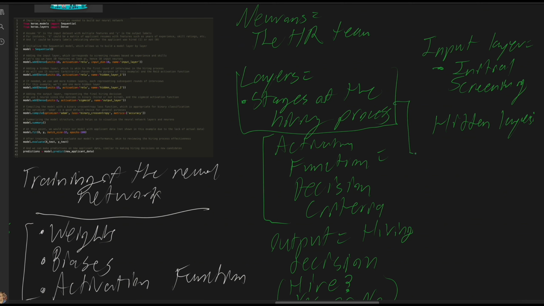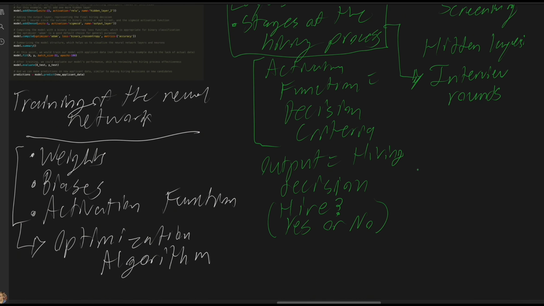Stages of the hiring process and interview rounds, and where we understand more about the evaluation that occurs. Finally, the hiring decision is made, as we have said, from the output layer. So that's where the magic happens.